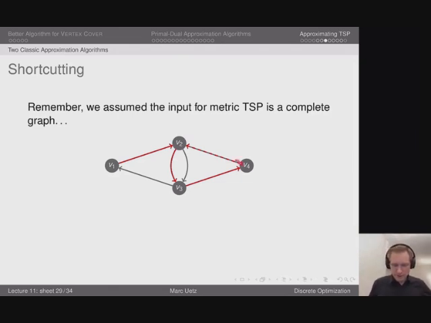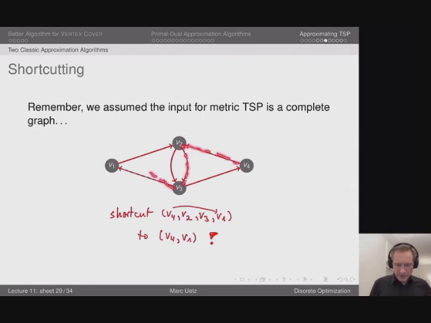So I still continue walking along the Euler tour, but I'm provisionally putting this edge in. Then I would continue down here. So provisionally, I would put this edge in. So this is again a vertex which I visited before. And then still I continue walking along the Euler tour. And now I'm coming back to the start vertex actually. And I have these three provisional edges.